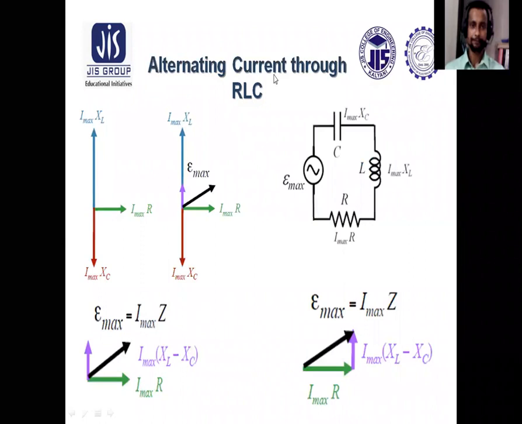Now from this phasor diagram we already studied, what can we write? See, suppose you have a reference axis. Suppose this magnitude is 10.